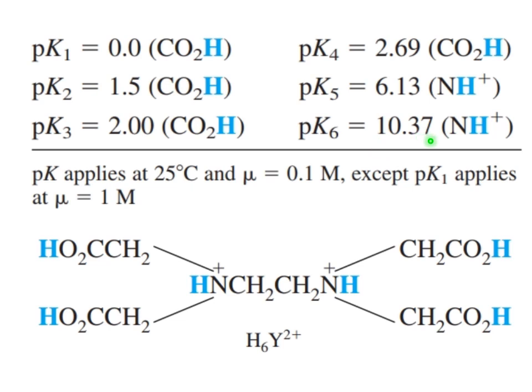Above this pH, the predominant form will be EDTA 4 minus, or in this notation, Y 4 minus ion. So we are going from 2 plus to 4 minus with 6 protons.